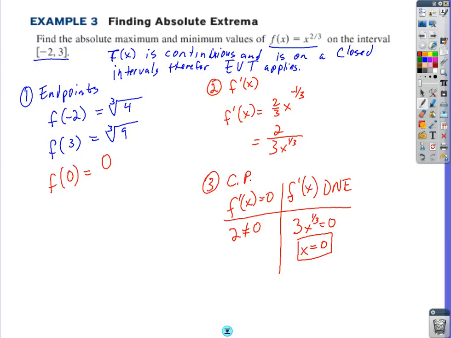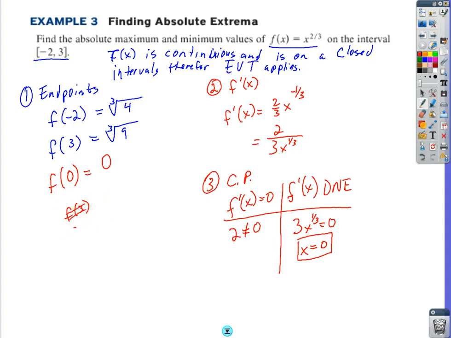And then I know that since it's a continuous function on a closed interval, I'm going to have one of each, one of a maximum and one of a minimum. Okay, and so what I'm able to find out is that f of 3 is an absolute max.